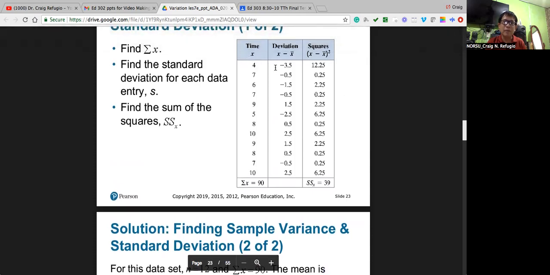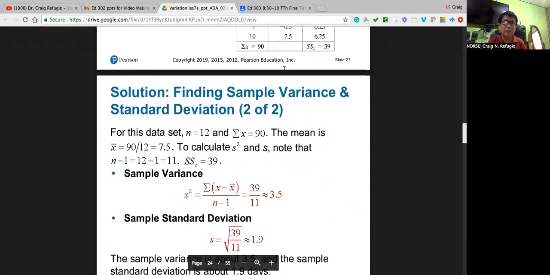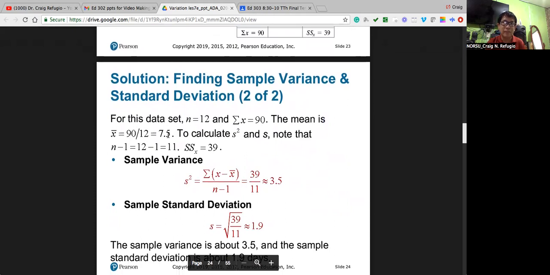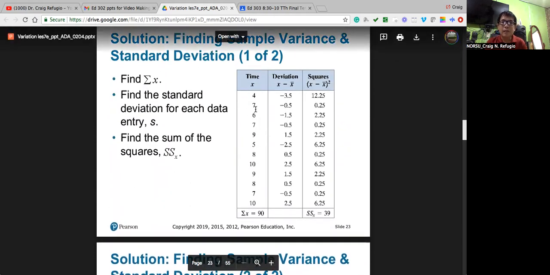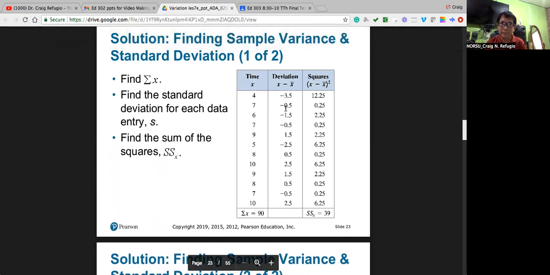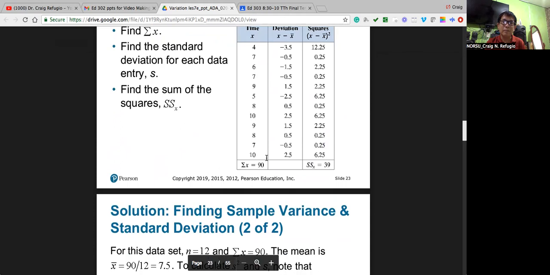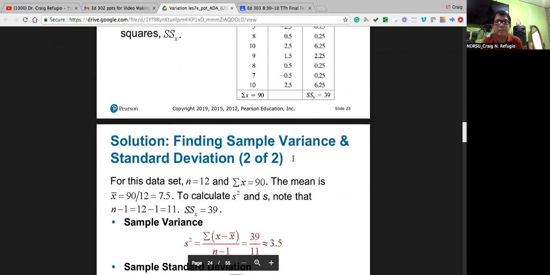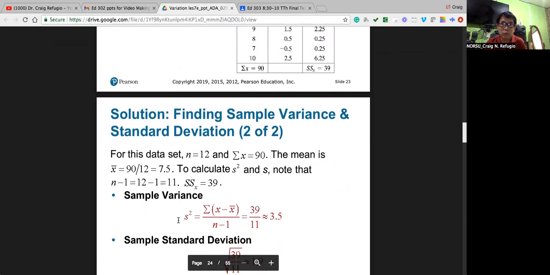So we have 4 minus 7.5, which is negative 3.5. Where did I get 7.5 from? 90 divided by 12. Then 7 minus 7.5 is negative 0.5, up to 10 minus 7.5, which gives you 2.5. Then plug the values into the formula: s squared is equal to the summation of quantity x minus x bar squared divided by n minus 1. So we have 39 divided by 11, since n is 12, and 12 minus 1 is 11.